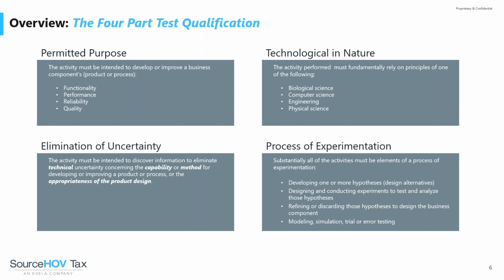The last test here at the bottom right quadrant is the process of experimentation. And usually when I say experimentation, a lot of people are thinking white coats in a lab, and that's definitely true. But the tax definition of what the IRS considers to be experimentation is much, much broader.